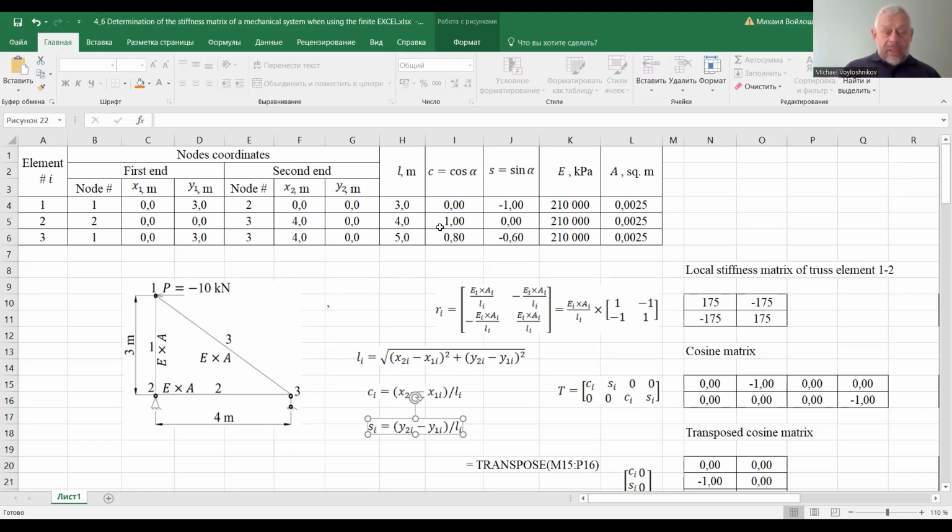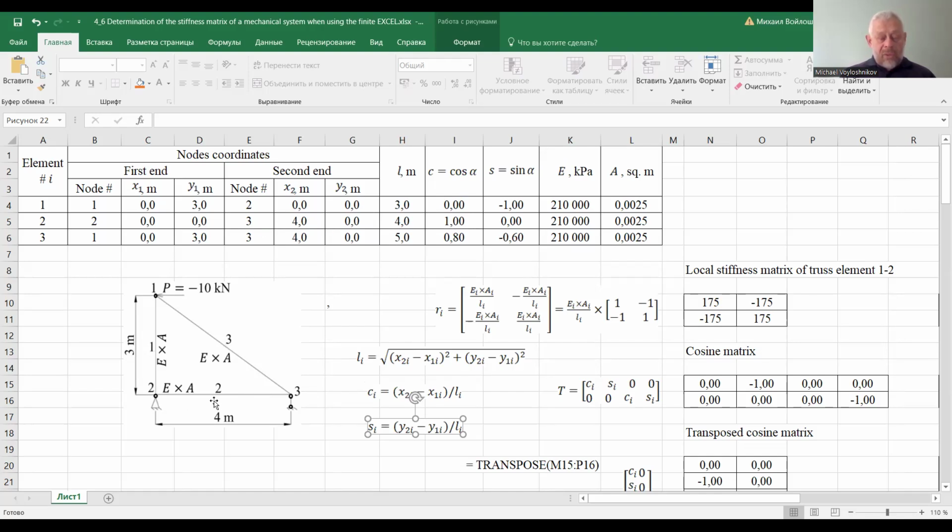So for the second finite element, which coincides with the abscissa axis, we have the proportion of the projection of the second finite element on the abscissa axis, that is x2 minus x1. This is 4 divided by 4, so we have 1, the cosine. And for the sine, we have the projection on the ordinate axis.